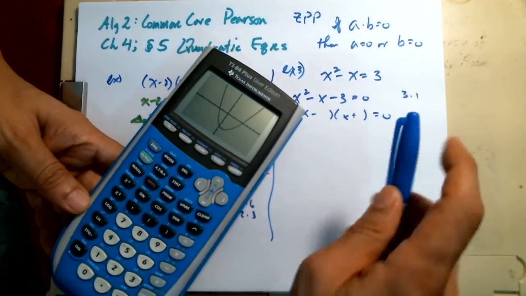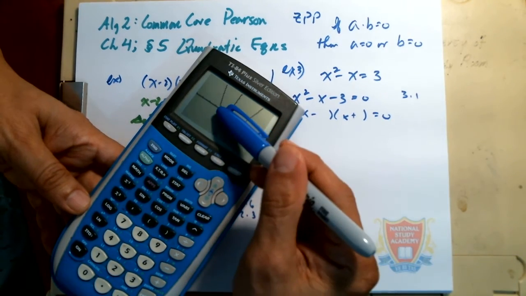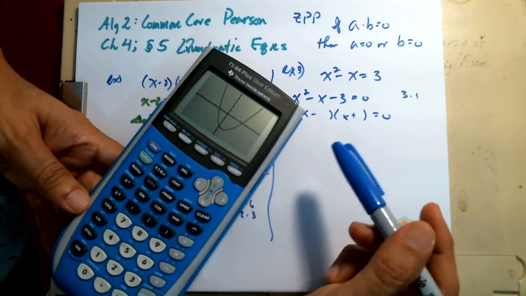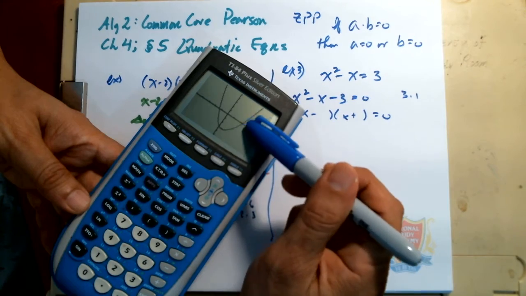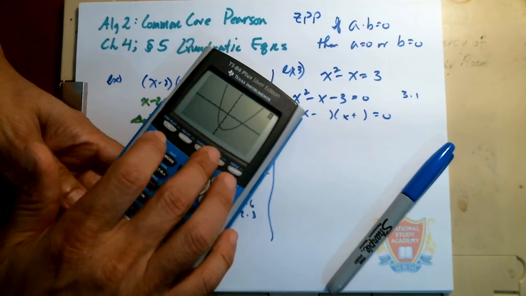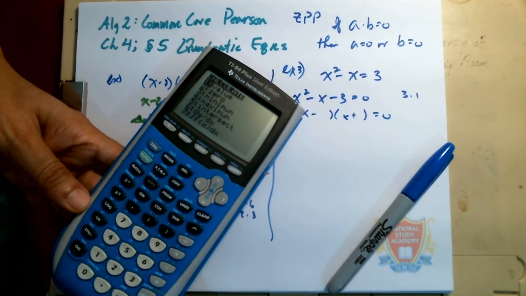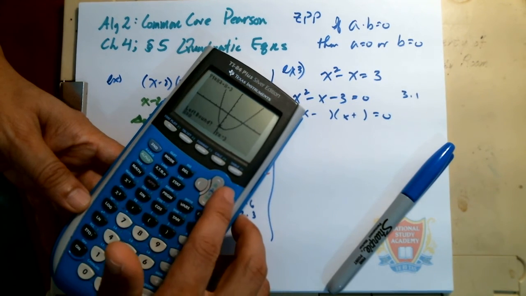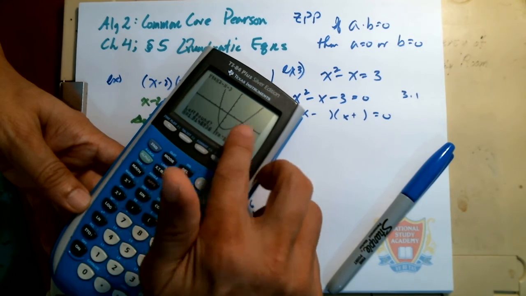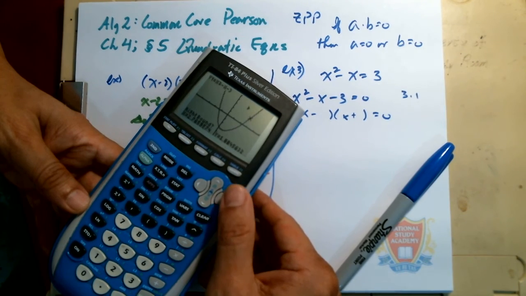One of my roots is going to be right over there. This is called your root. It's going to be one positive root and one negative root. What I'm going to try to do is figure out what that root is, and this calculator is going to show me how. I'm going to press second, then calculate. I want the zeros, which is option 2. I go to the left of my first root and press enter, then go to the right of it.